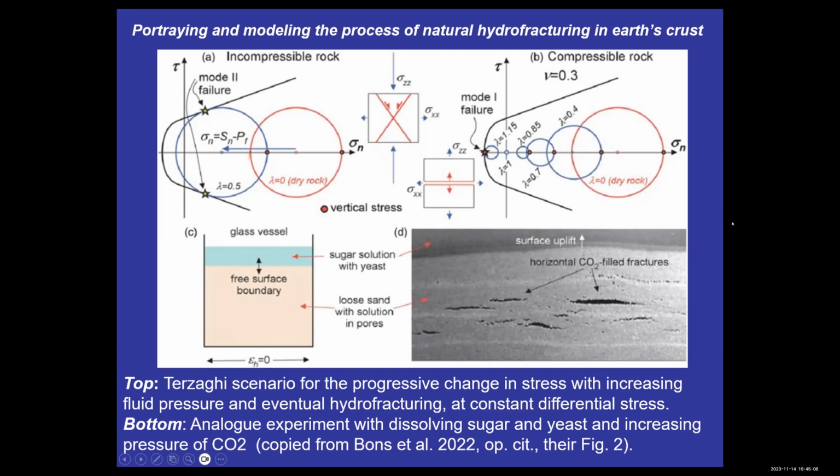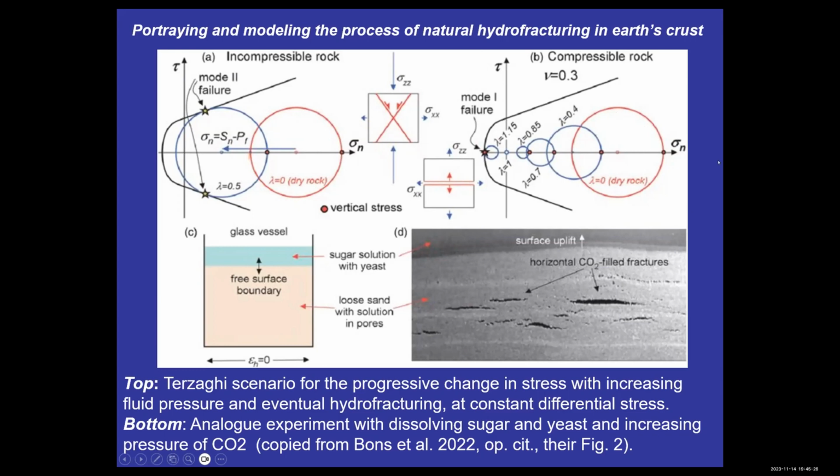The fluid pressure acts as if it was a tension applied to the rock. So it acts outward, and it counteracts the applied stress, which is compressive, and in this diagram shown as positive values.